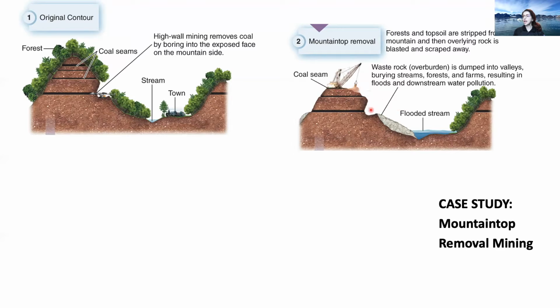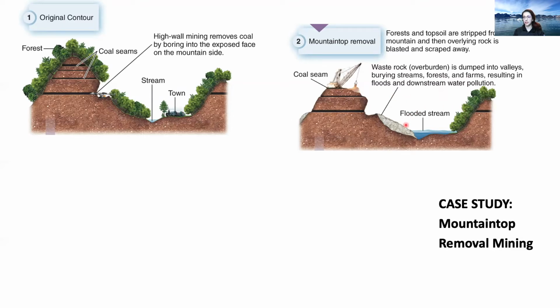So you'll notice now we have a piling up of materials here. This is called waste rock or overburden, and it's simply just dumped into valleys that buries those streams that were next to neighborhoods, and it buries other things, including forest, farms, and of course results in floods and downstream water pollution in those areas.